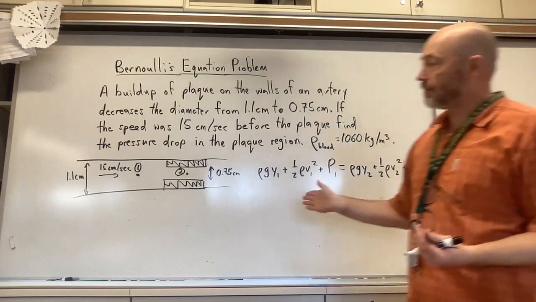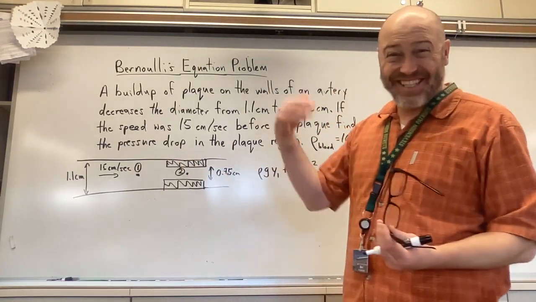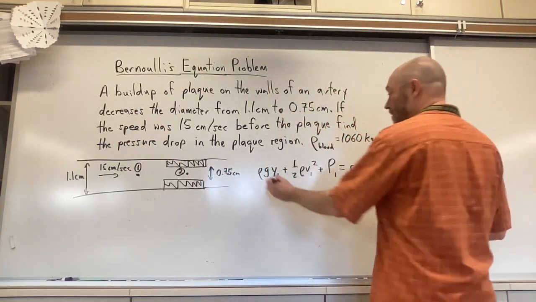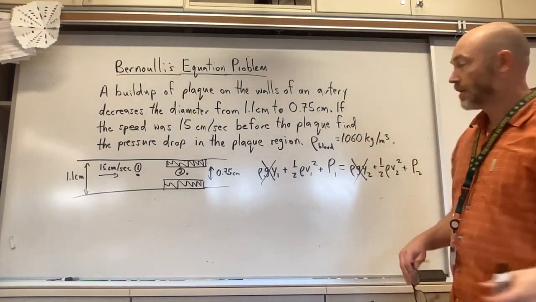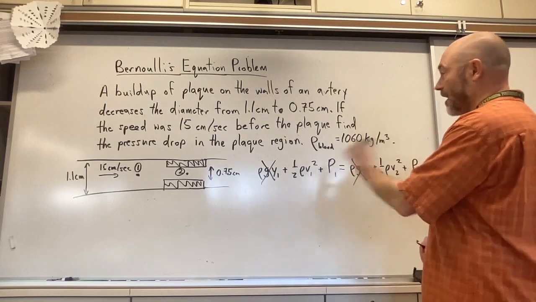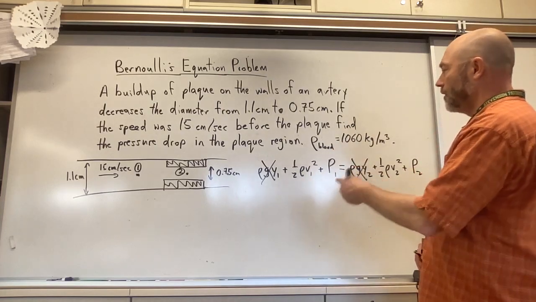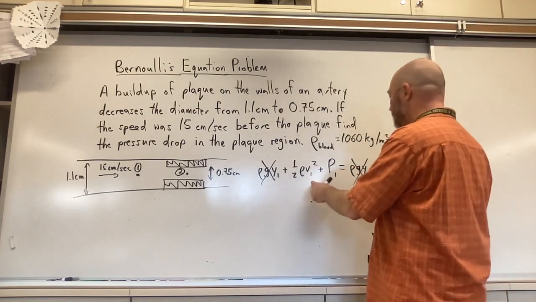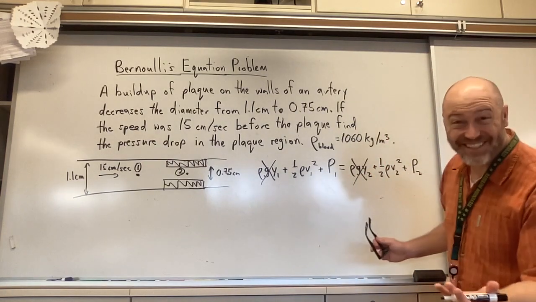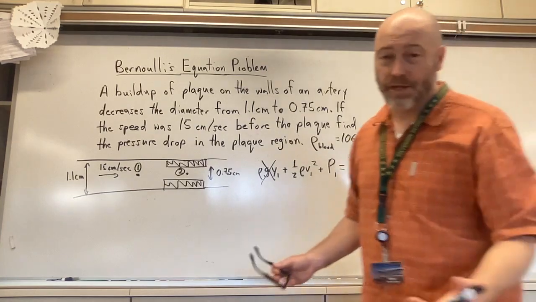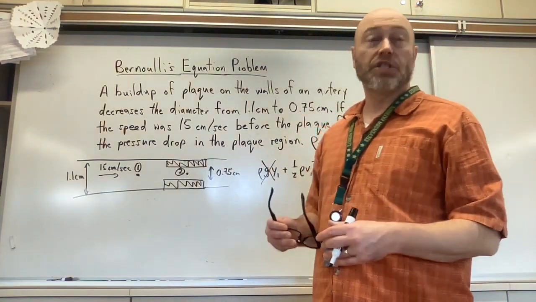And then you think, all right, here's my picture. Is there anything that's going to be the same? Darn right there is. The height's the same, so that's going to cross out. And then it's just a matter of plugging in my stuff. I know rho and I know my speed, but I don't know my speed over here. But you can find it using the equation of continuity.